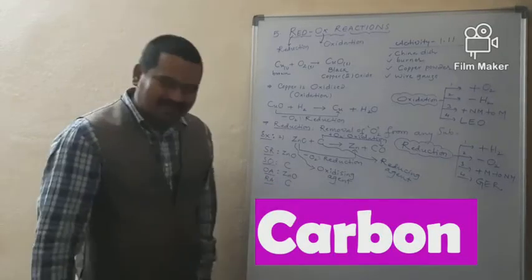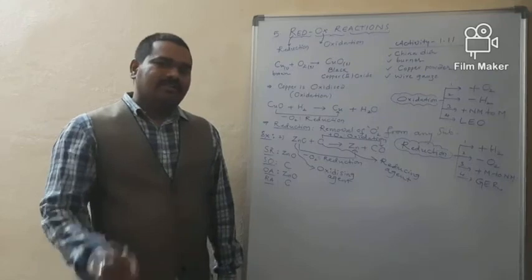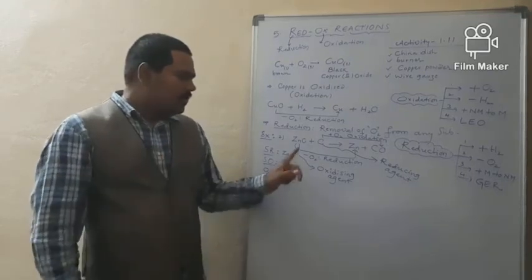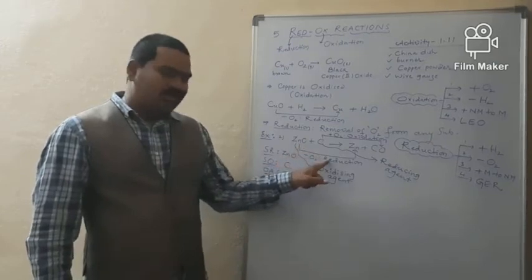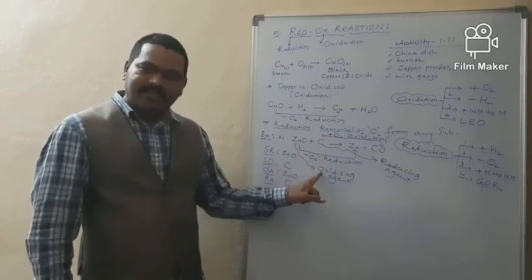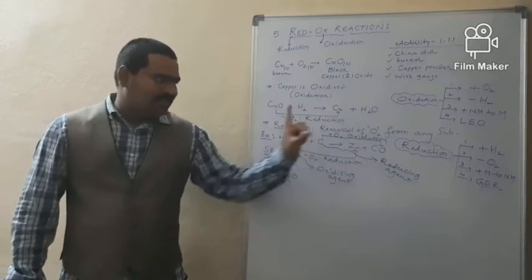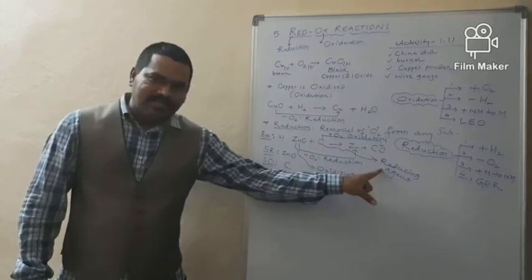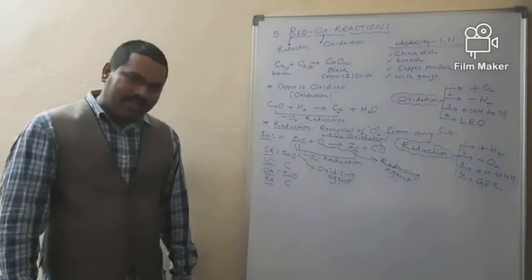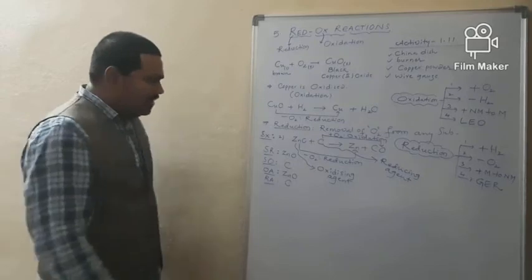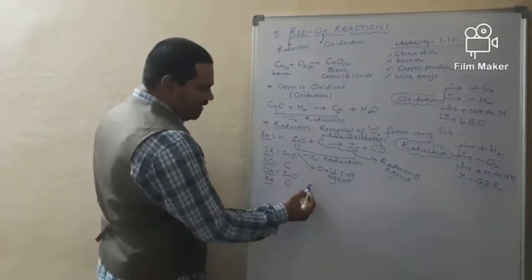So just reversed. And one more thing, there is a clue to recognize and remember. What is the clue? Which substance is reduced will be treated as oxidizing agent, and which substance is oxidized will be treated as reducing agent. In that way, one can solve this type of redox reactions. Now, let me go for one more example, my dear.